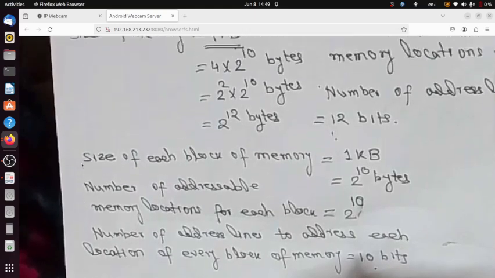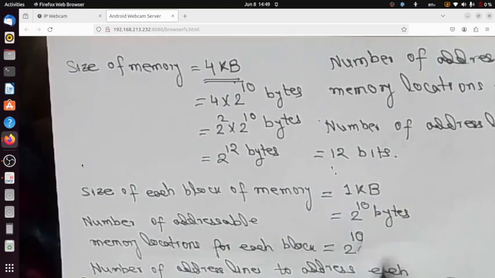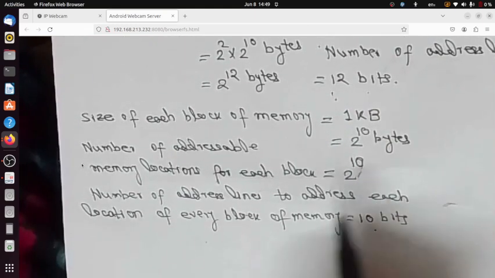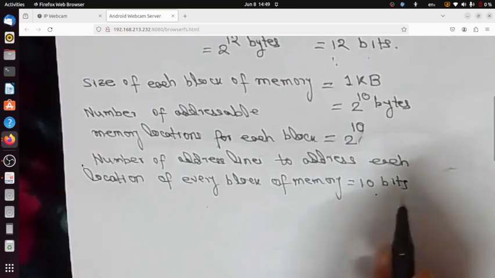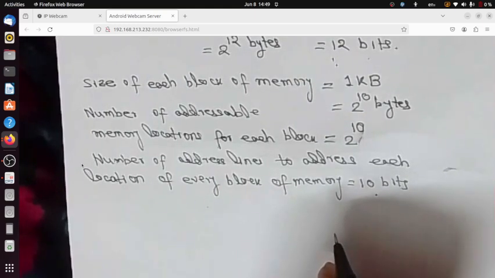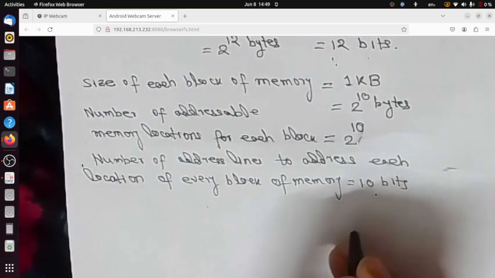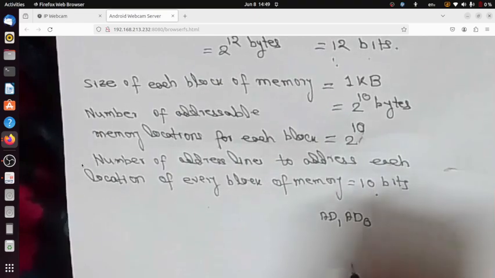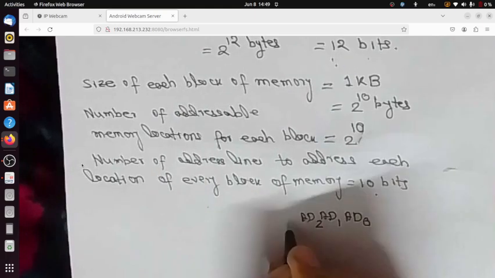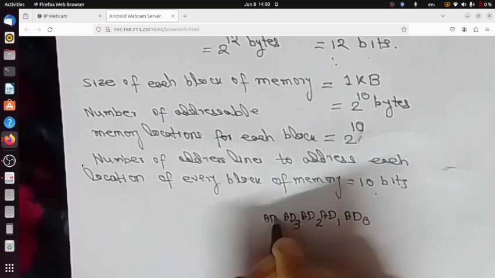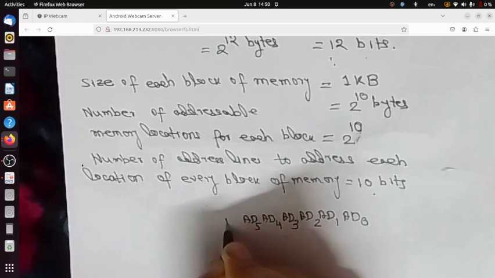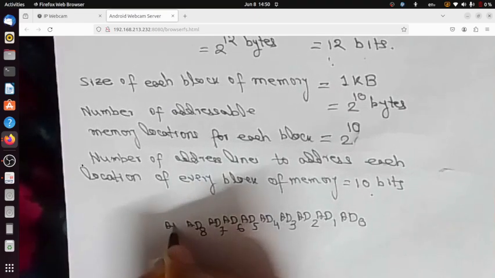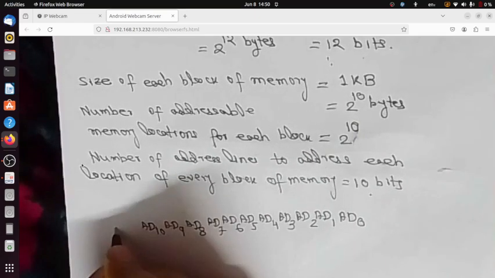If we name these 12 address lines serially from the least significant bit to the most significant bit, we have address line 0, address line 1, address line 2, address line 3, address line 4, address line 5, address line 6, address line 7, address line 8, address line 9, address line 10, and address line 11.